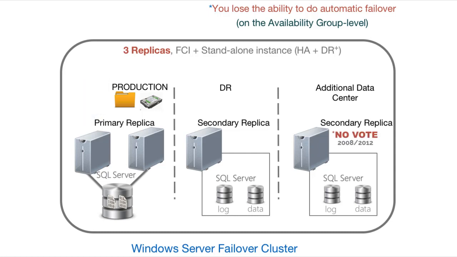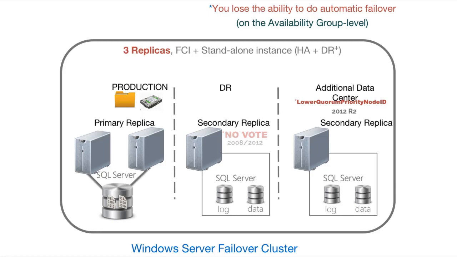Looking at the quorum configuration, I can configure the secondary replicas on those additional data centers with no vote if I'm dealing with Windows Server 2008 or Windows Server 2012. And if it's a Windows Server 2012 R2, I can configure lower quorum priority node ID to be those nodes in the additional data centers.